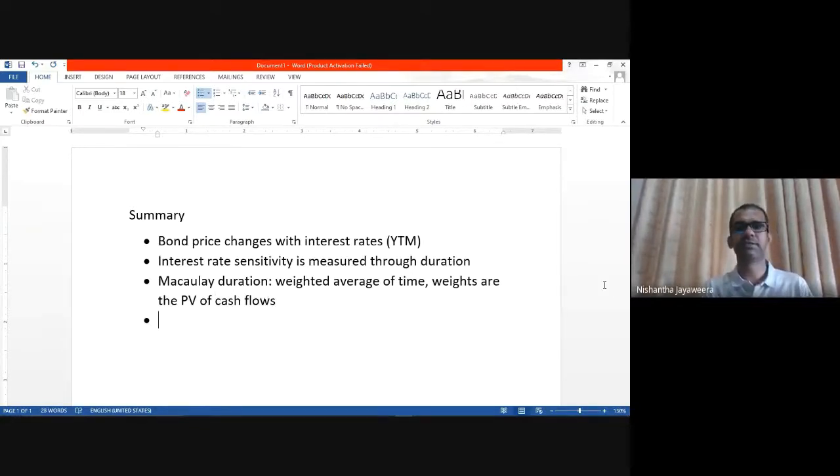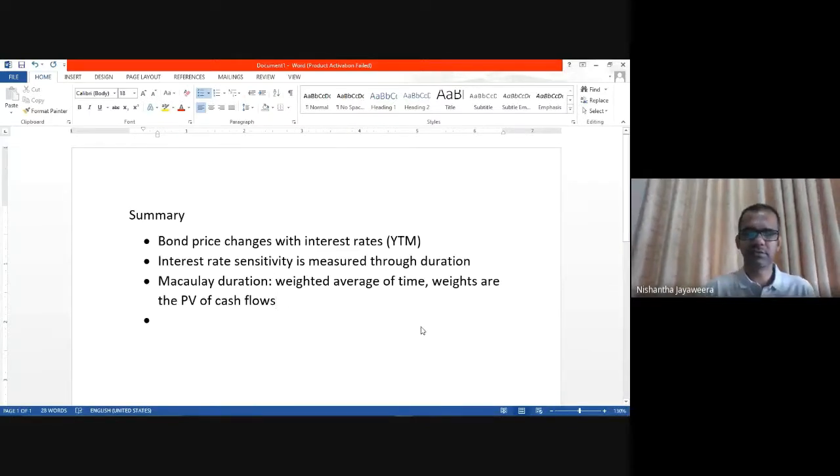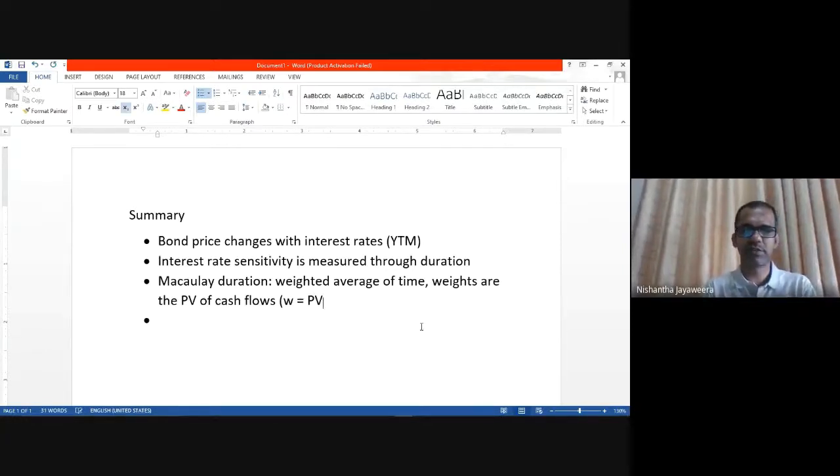So basically, the weight is the present value of each cash flow divided by price.